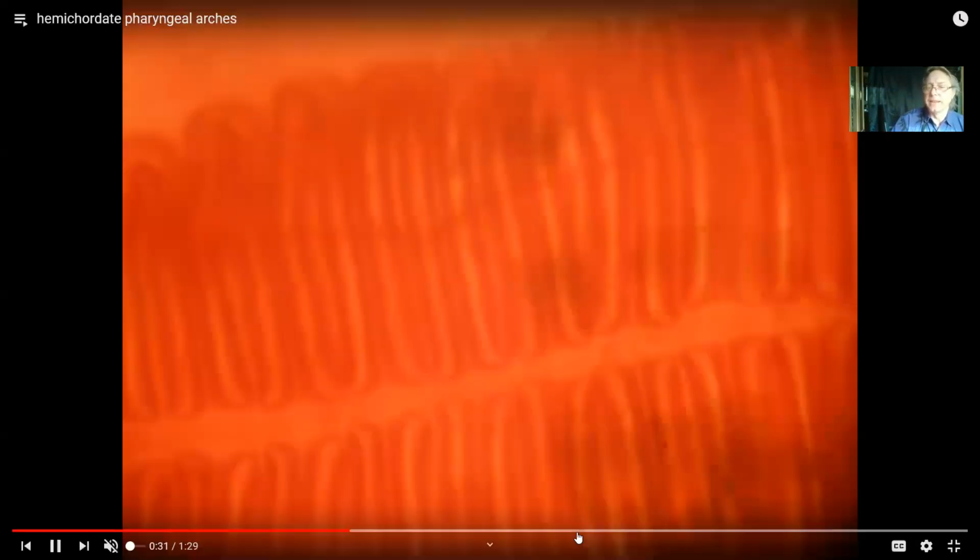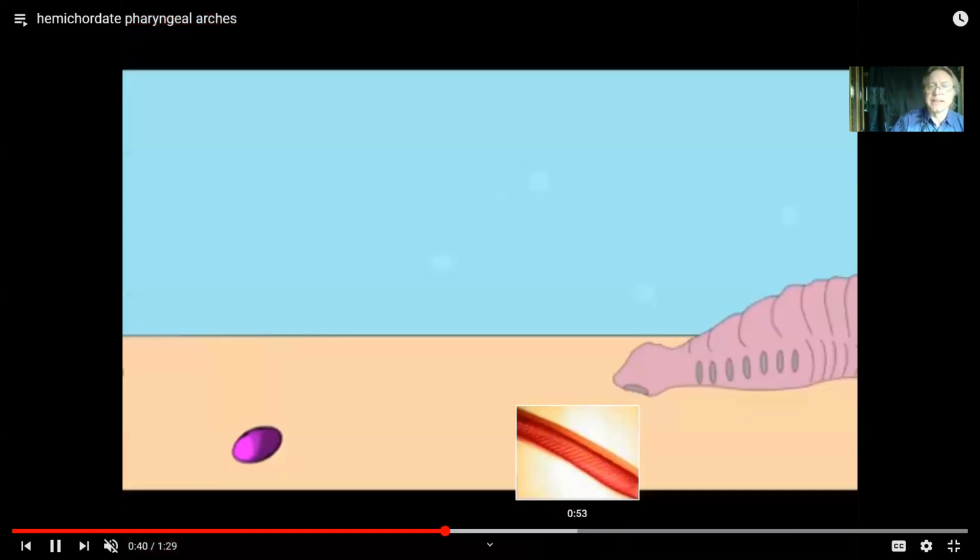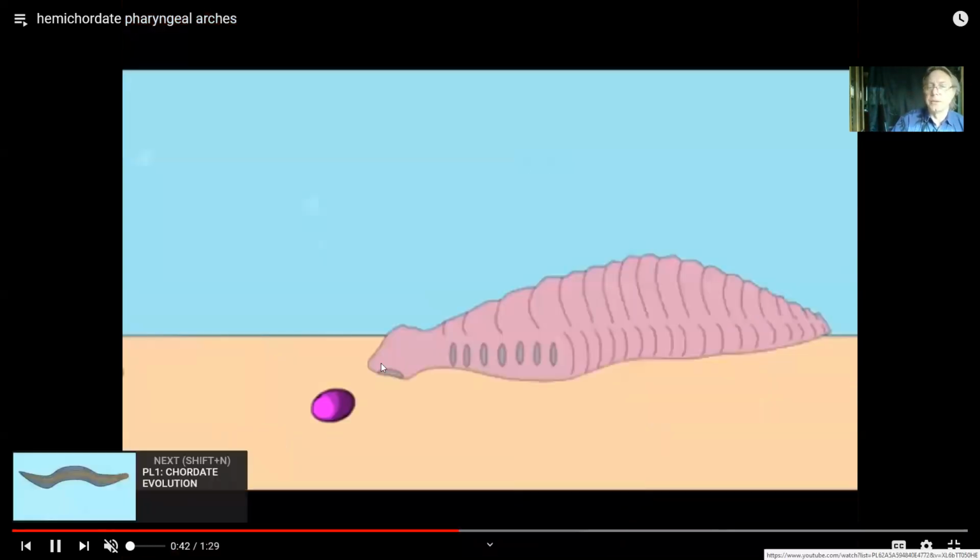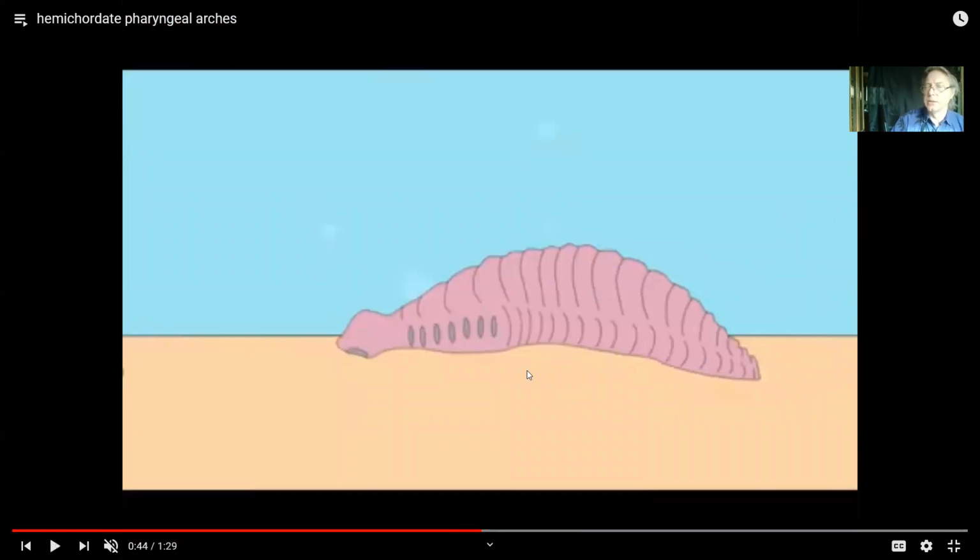This helps them feed, so they can suck water in continually, and the water goes out the slits in their throat. But while they're doing this, any food particles can get stuck in mucus, and cilia can sweep it towards the stomach. So they get to eat a meal, right? Because they create this suction, water coming in here, leaving there, and that allows them to feed.